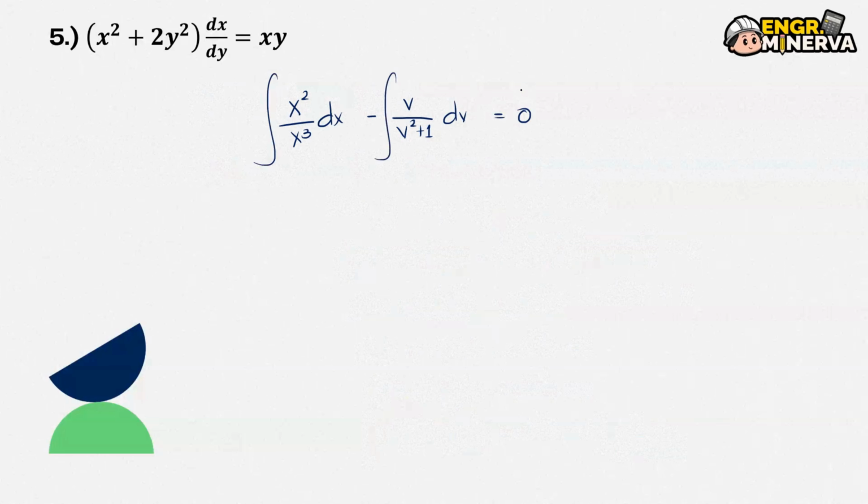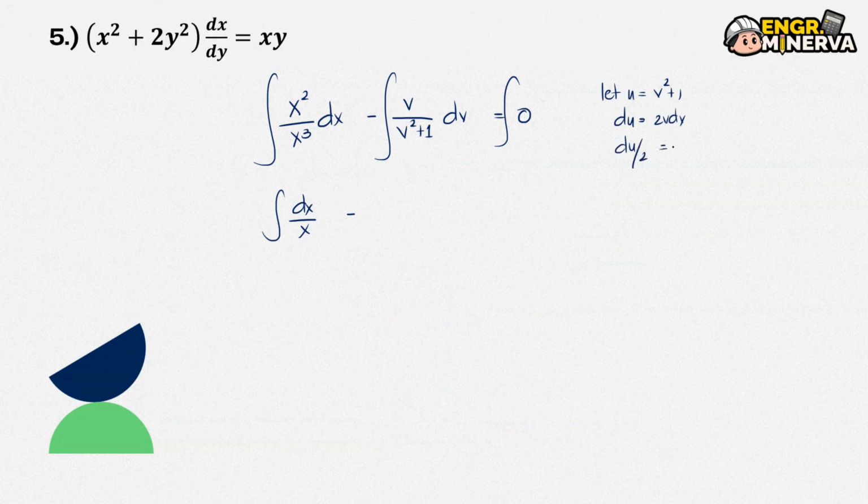Then we integrate. We are left with dx over x minus, okay, so if we let u equal v squared plus 1, we have du equal to 2v dv. And du over 2 would be v dv.